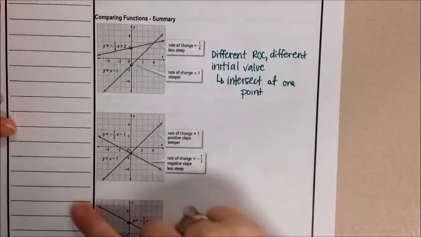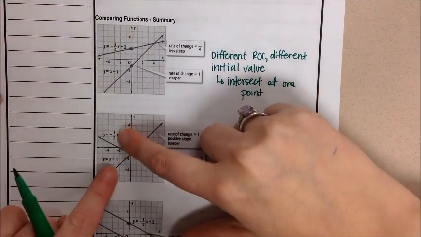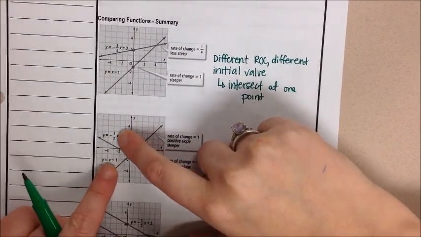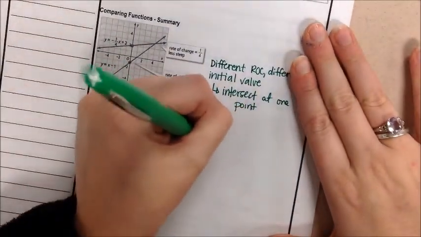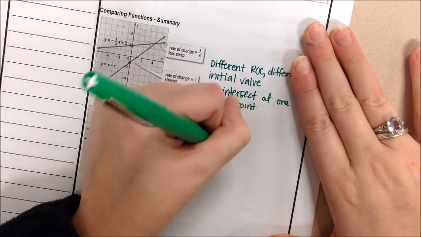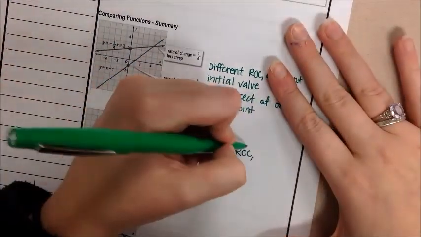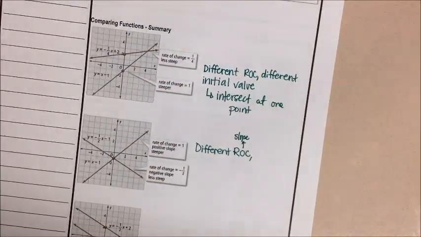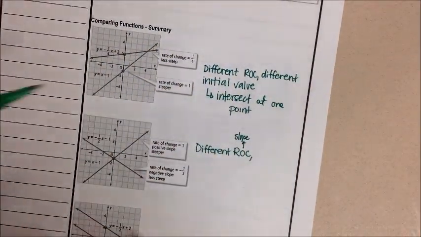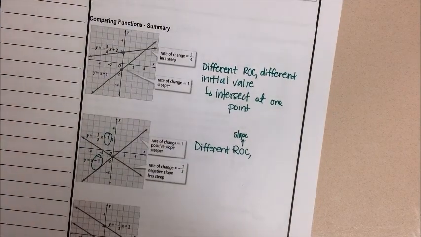Well, then you have these two. Let's look at our rates of change. Are their rates of change the same or different? They're different, so different rate of change or different slope. Remember, slope and rate of change are the same thing. Slope is just more specific to linear. Now do they have the same y-intercept or different?